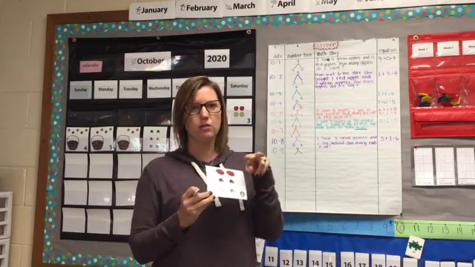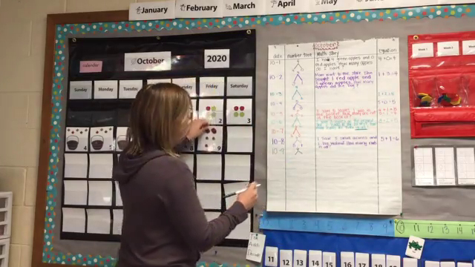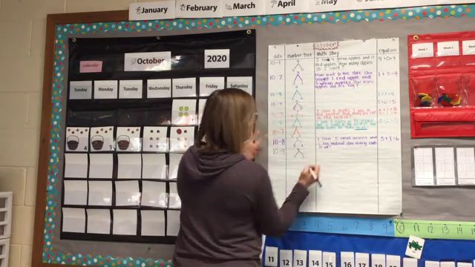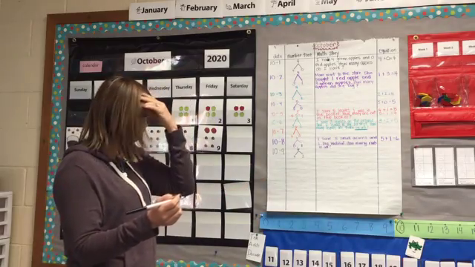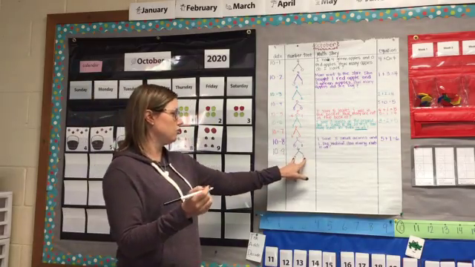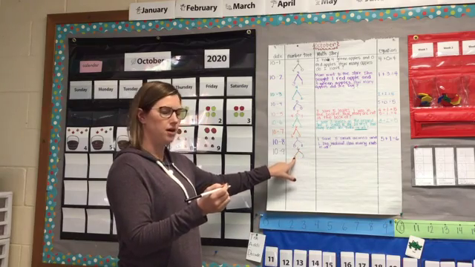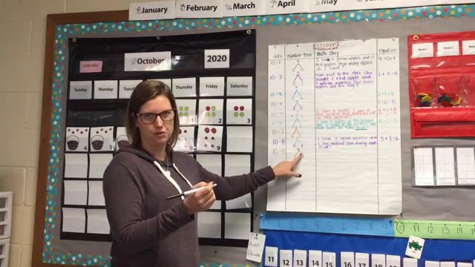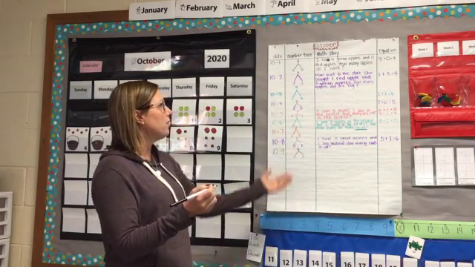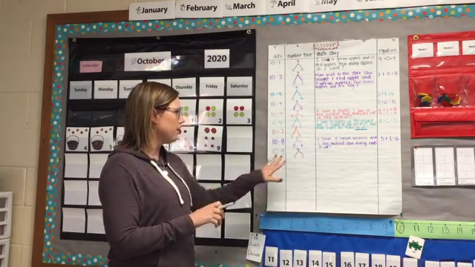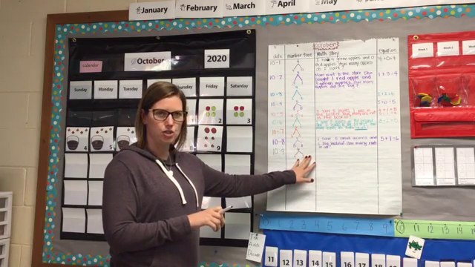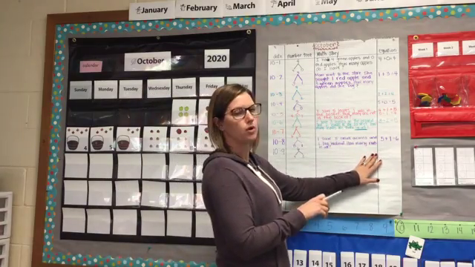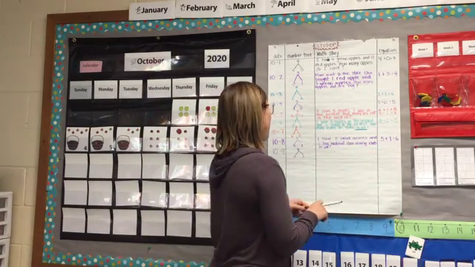So I can break those up by saying 4 and 2, or 2 and 4, it doesn't matter. These are the 2 parts, and we know a part plus another part is going to equal the whole, or the total. So if we want to write a math story today that goes with 4 and 2 and the total of 6, then we could write our math story right here, okay?